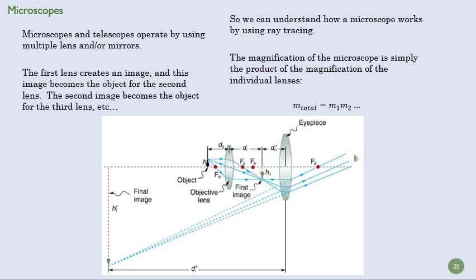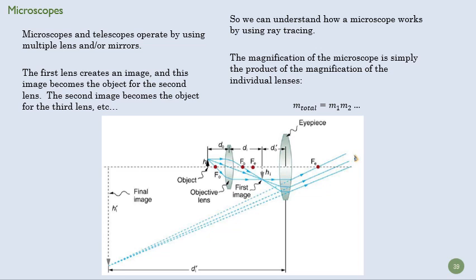And then we have a second lens, right? This is our eyepiece lens. And here we have our second case, a converging lens, but our object, which is now the first image, is inside the focal length of the second lens. And so this acts as a magnifying glass, essentially.